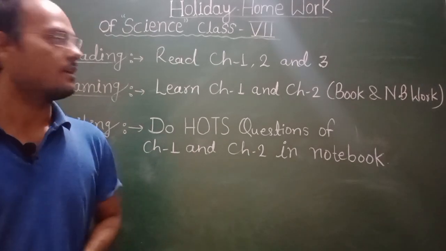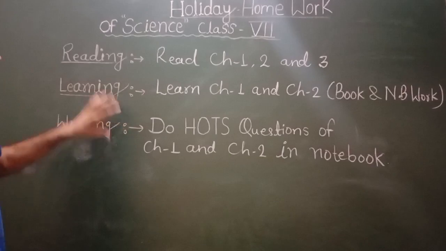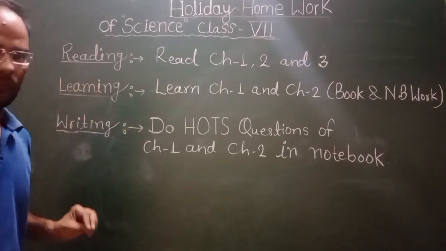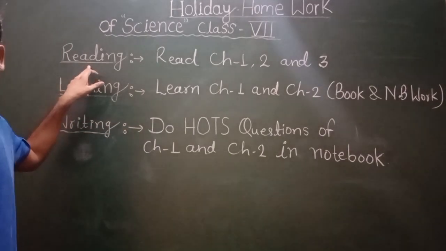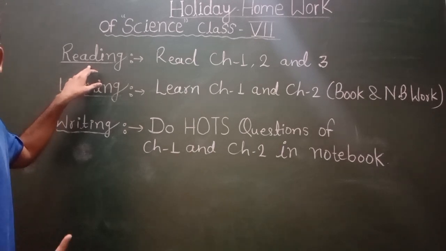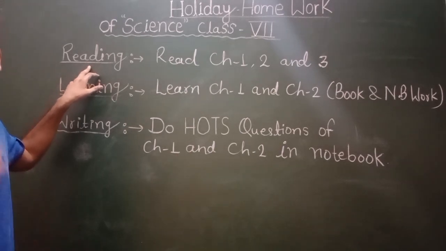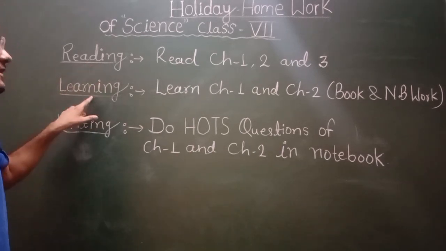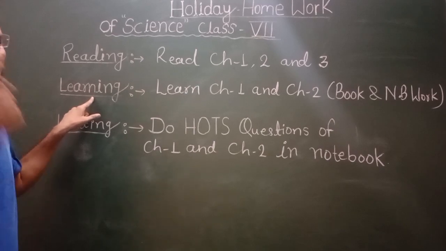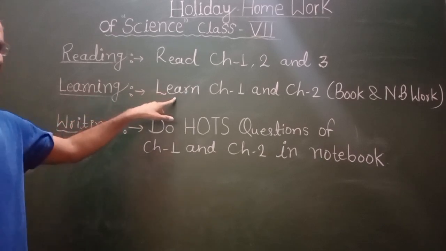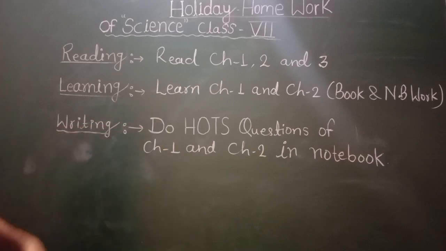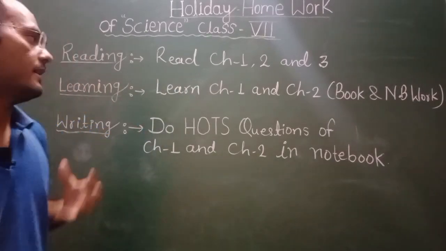Is that clear? So these types of questions you have to do, and the reading part makes your vocabulary perfect and improves your reading skills. After that, learning, so that your mind stays active in the summer break.